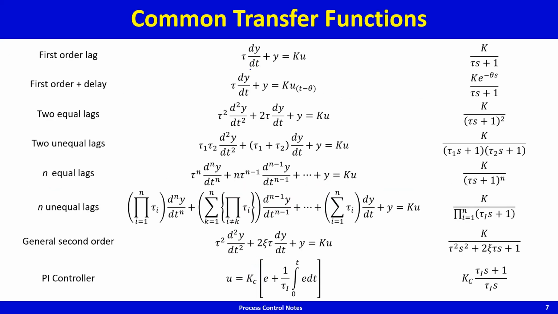First order lag: you can see, Laplace transform both sides, so tau times y of s plus y of s is equal to k times u of s, and therefore you get G, which is output by input, is equal to k by tau s plus 1. d/dt is replaced by s. So that's pretty straightforward.